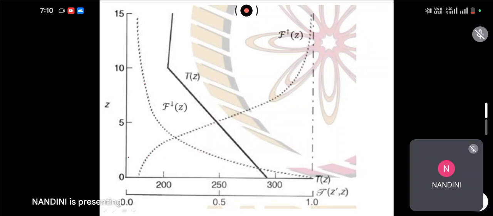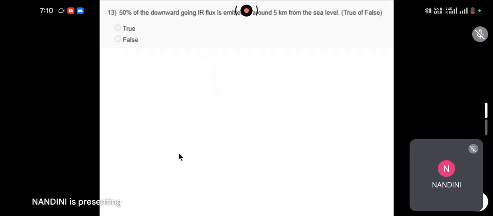So almost 50% of the downward going infrared radiation is being emitted below 2 kilometers. Till 2 kilometers the curve is very steep, and as we go up, that steepness decreases. So almost 50% of the downward going infrared flux is emitted at around 2 kilometers from the sea level.